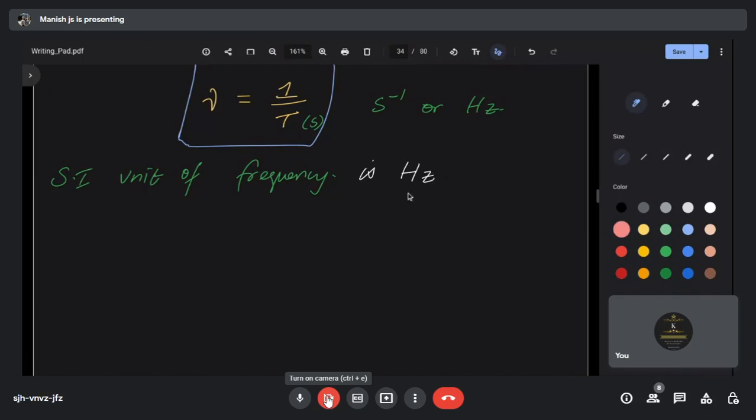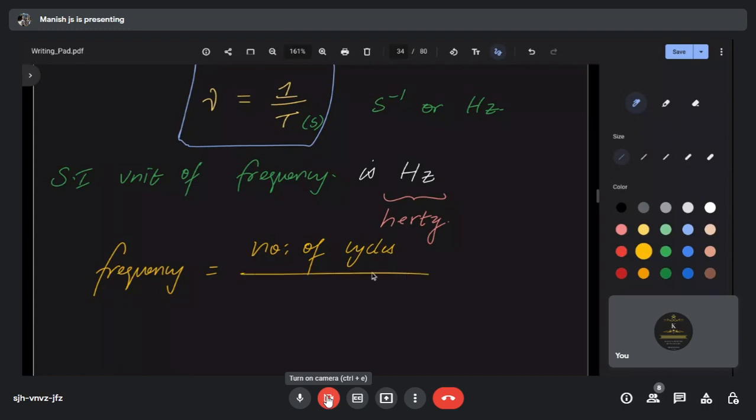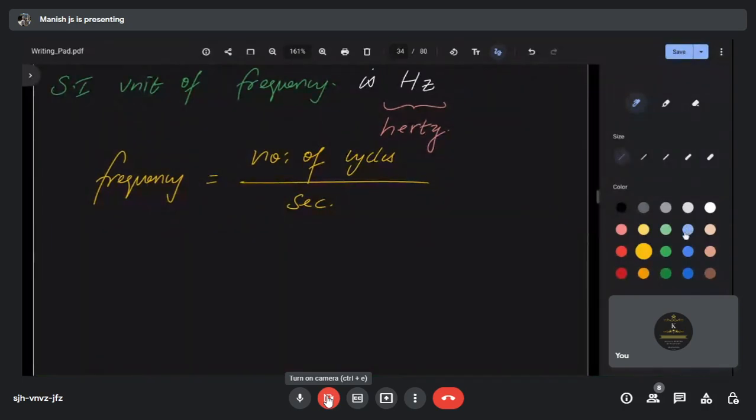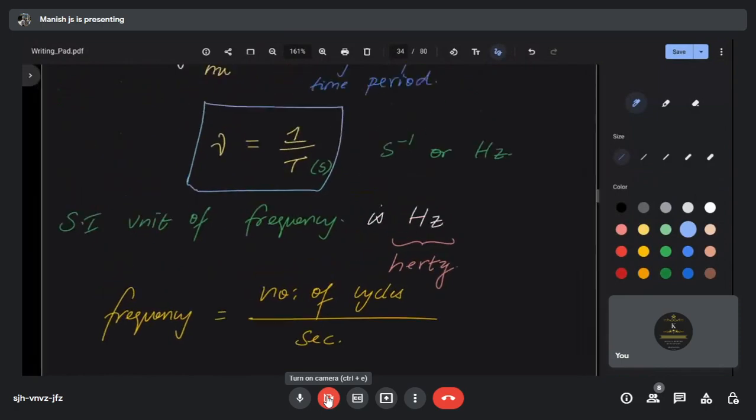Hz அப்படின்னு சொல்லுவோம் unit, which is hertz. So frequency can also be expressed as the number of cycles or waveforms per second. This is also frequency. So this is all about the frequency.